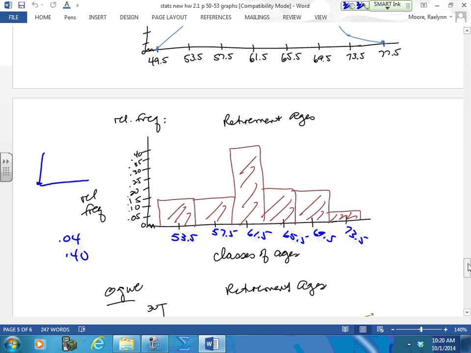That's 4 cents. This is 40 cents. See the difference? You never want to cut your y-axis. You always want to start your y-axis at 0. If you cut your y-axis to the first one, it looks like there was nothing there. You kind of distort the data a little bit. So, make sure you start it at 0.